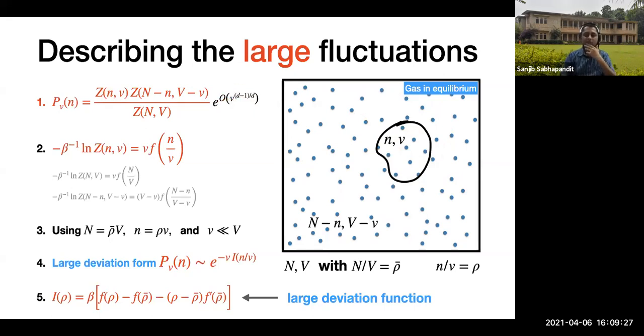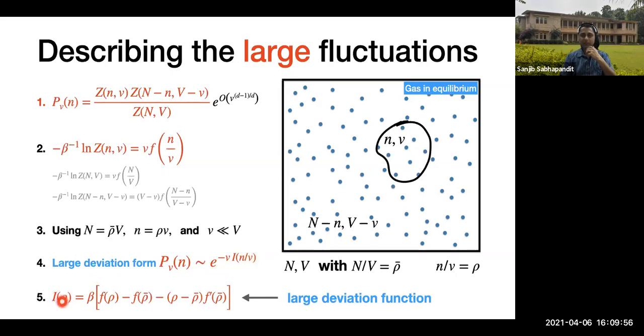Now, given this partition function, of course, you can write down the free energy. When the volume where you are counting your number of particles is much smaller than the size of the room, you will find that the distribution of the number has this form: exponential of minus volume times a scaling function, which is a function of the density, n over the volume.